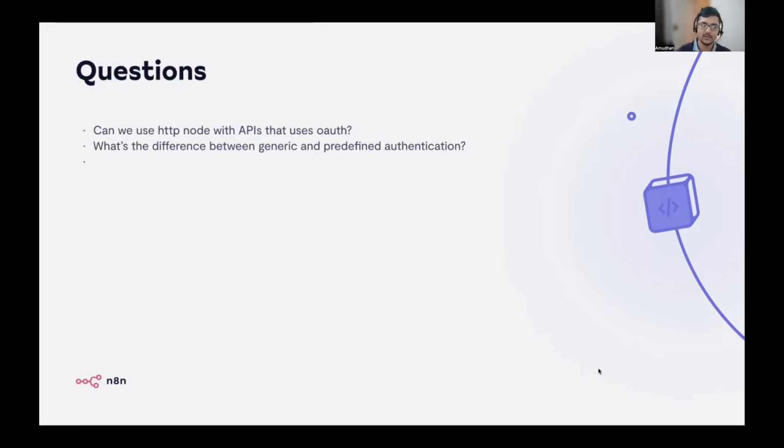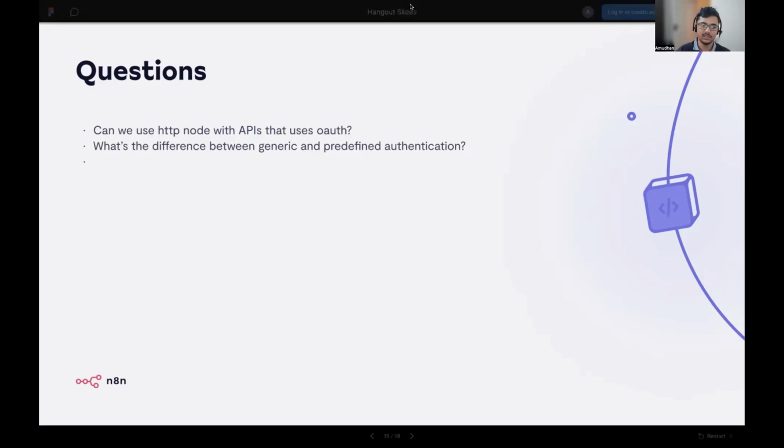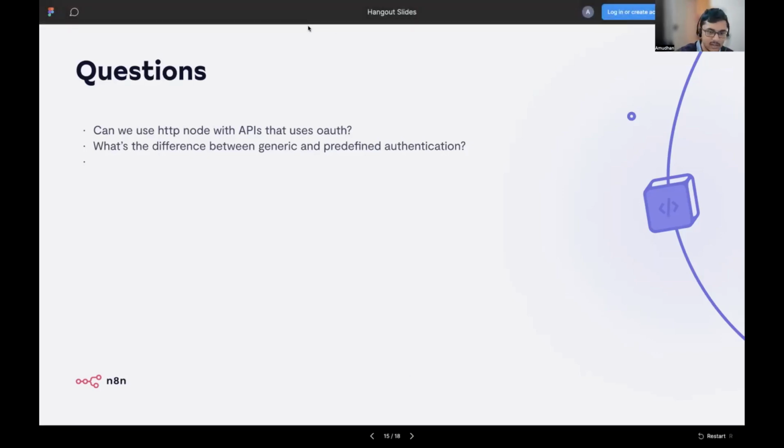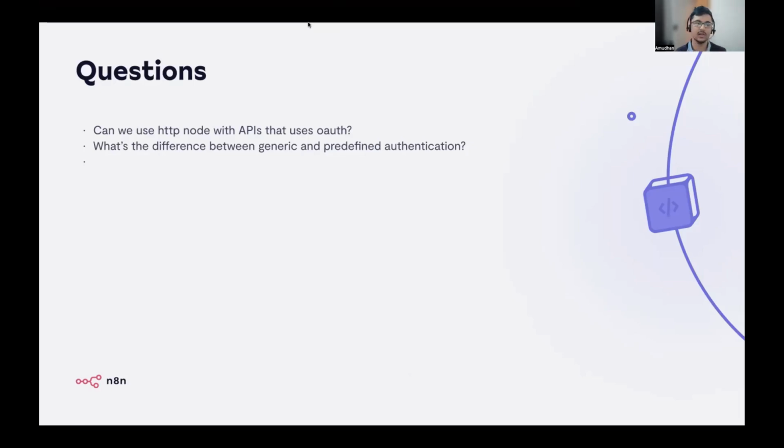Instead of configuring a separate credential just for that HTTP request, I used the same credentials that were saved for the Mattermost node. That's predefined authentication. Generic authentication is when you configure something for a node that's not already there, and you might have to do it for every single HTTP request node, so there is not much reusability.